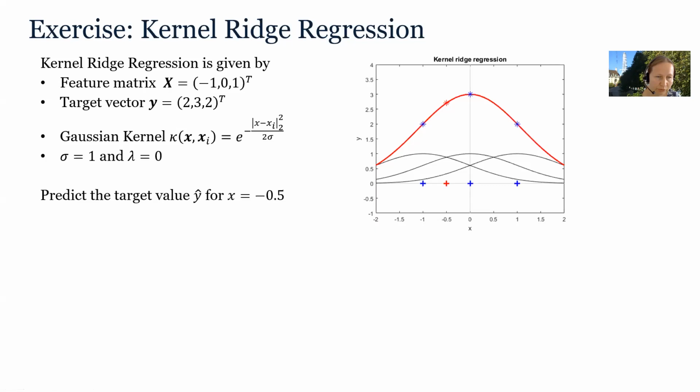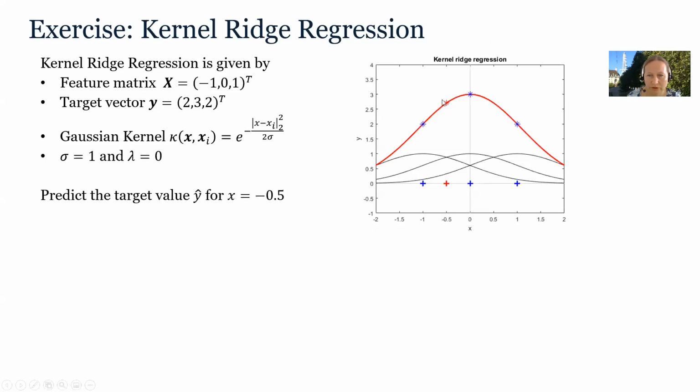Now you are given a Gaussian kernel and hyperparameters sigma equals 1 and lambda equals 0, and you are asked to predict the target value for the feature -0.5 using kernel ridge regression.